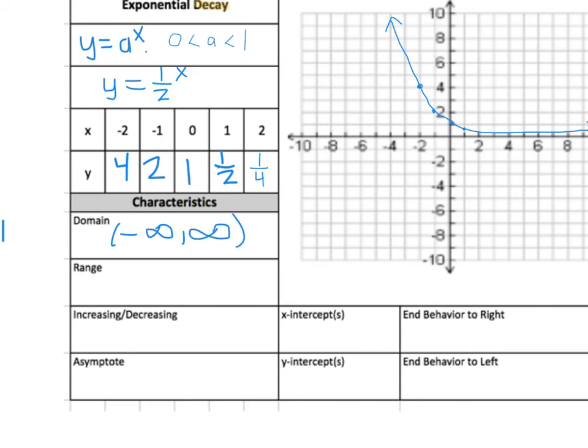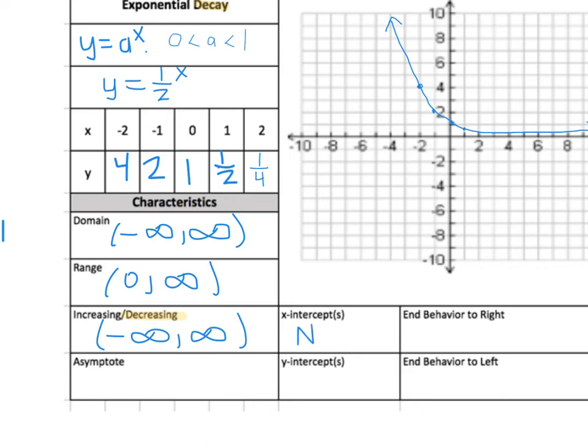Again, the range goes from 0 to +infinity. It's all above the x-axis. And this time we have a decreasing function. And it is decreasing for all values of x. So as we go from left to right, the entire time it's going down. Y values are decreasing. We can see that in the values that we plotted as well.